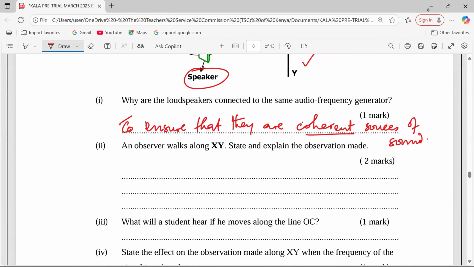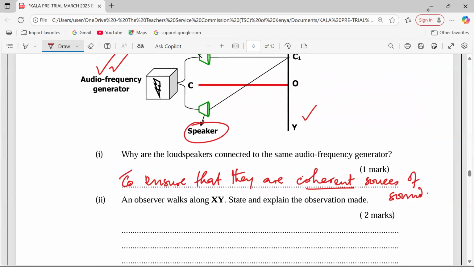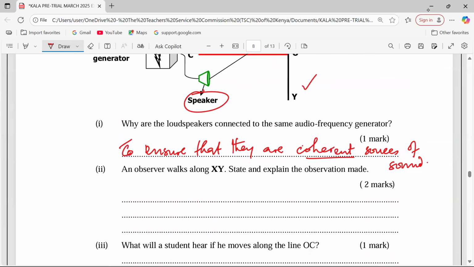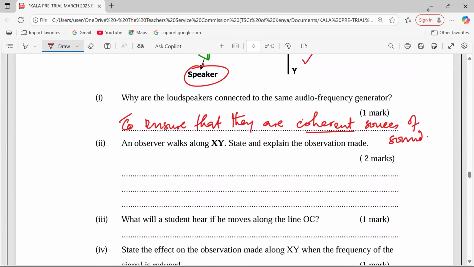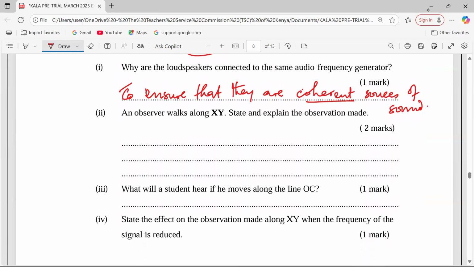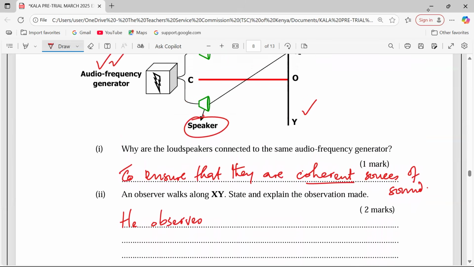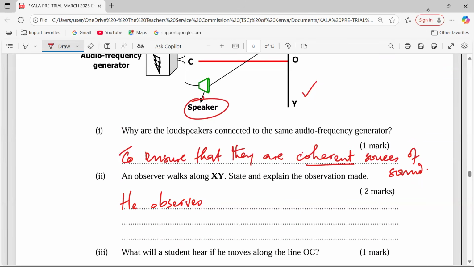An observer walks along XY. State and explain the observation made. The observer observes a loud sound, and also is going to experience soft sound.